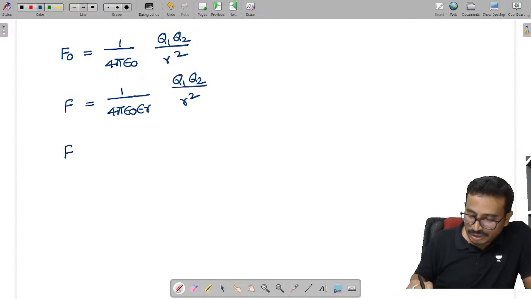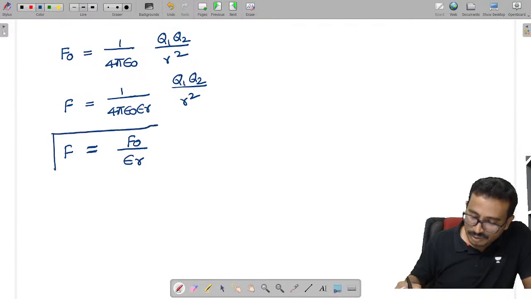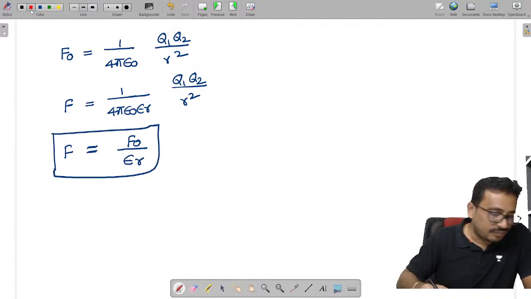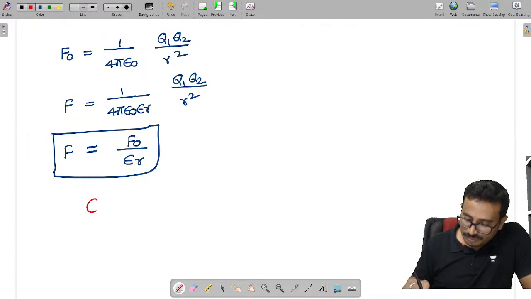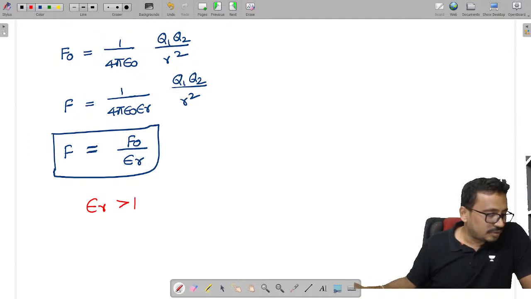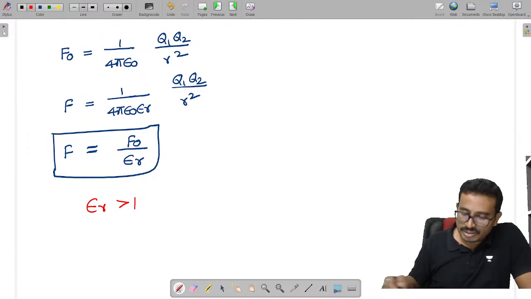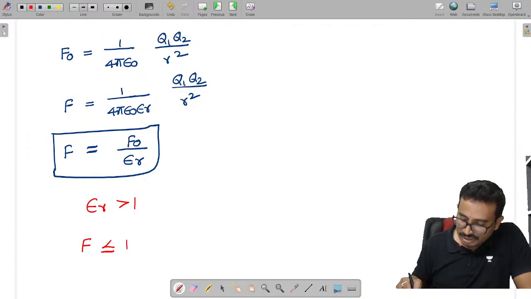So from this I can say that F is equal to F naught by epsilon R. Epsilon R is always greater than 1. So because of this, F is less than or equal to F naught.